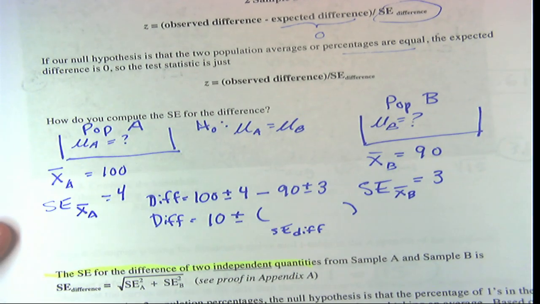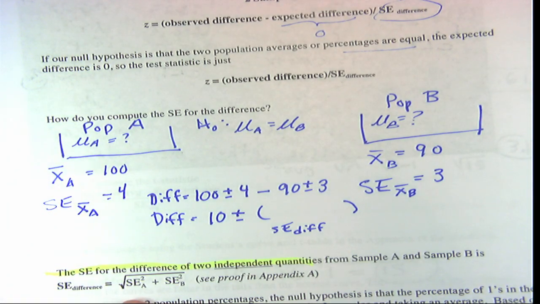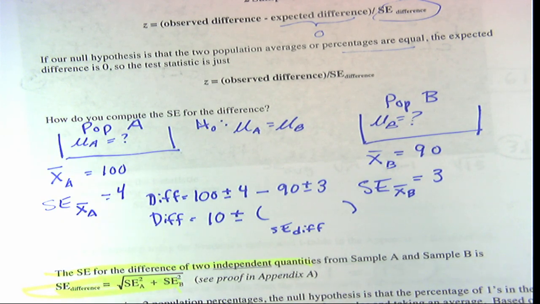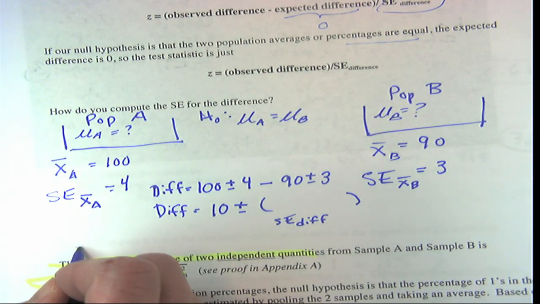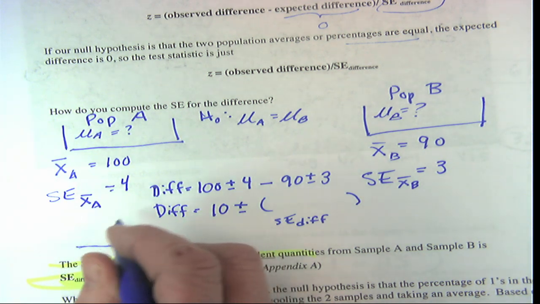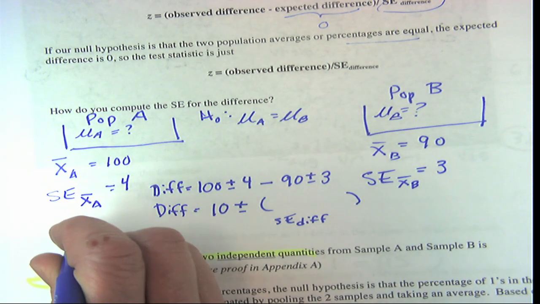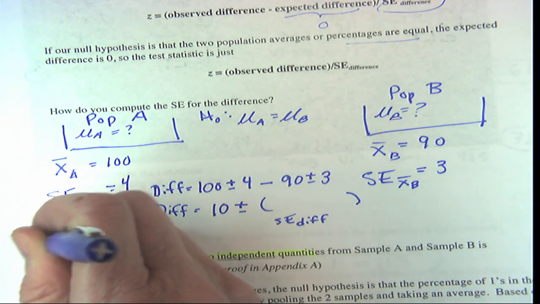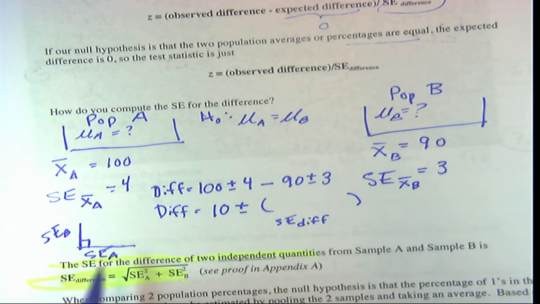And the formula for how to combine these two is the square root of the sum of their squares. It's the Pythagorean theorem. And it's a nice way to think of it, because if you have a standard error in one direction, let's say standard error of A, then at right angles to it would be the standard error for B. If you go in one direction, it doesn't tell you anything about the other.